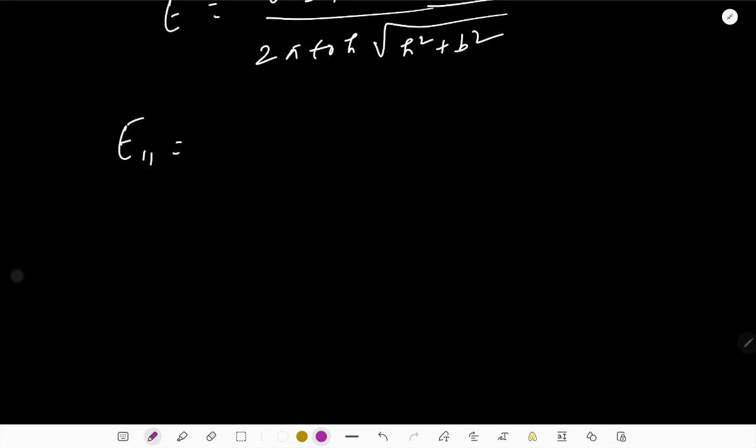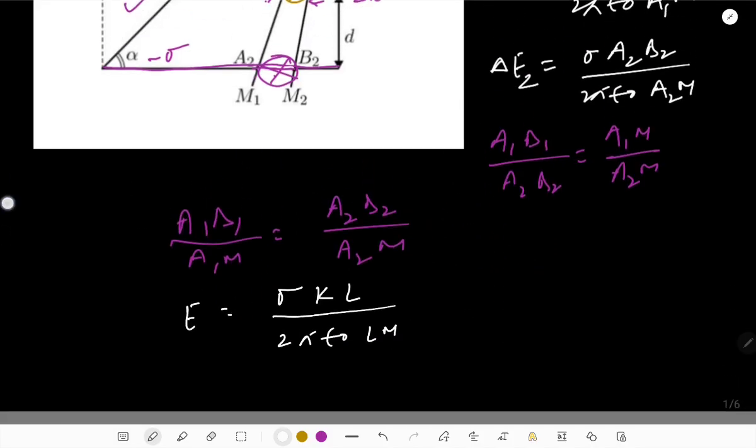So E parallel you can write as E cos alpha, and put the value of cos alpha from this figure.